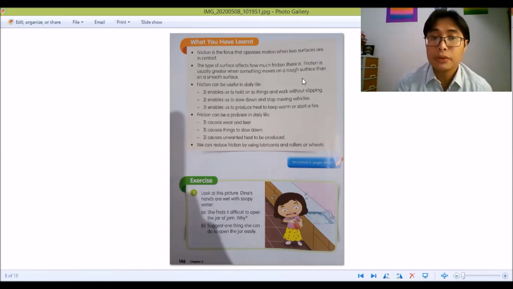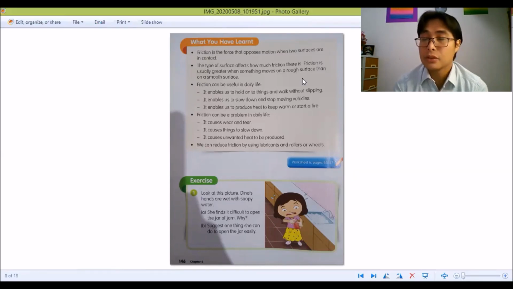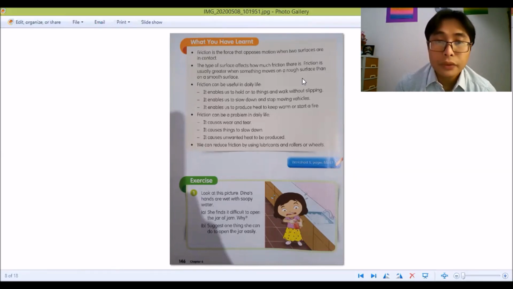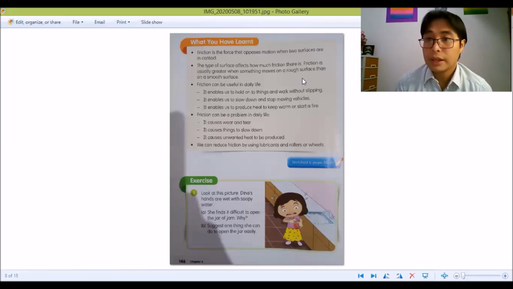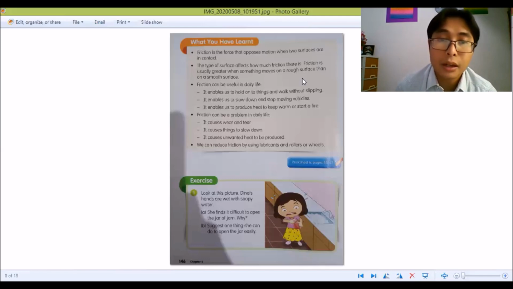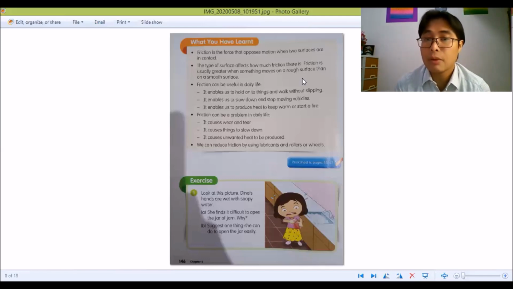Friction can be useful in daily life. Examples are that it enables us to hold onto things and walk without slipping, to slow down and stop moving vehicles, and to produce heat to keep warm or to start a fire.